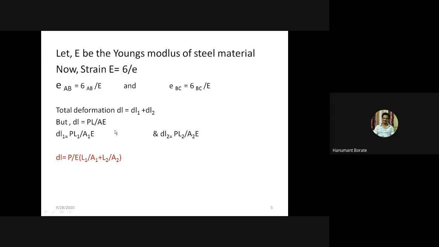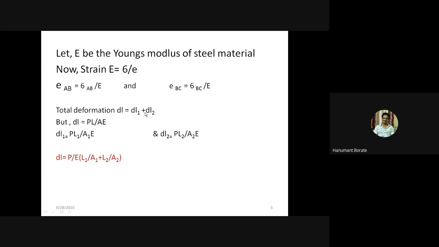So I use this formula to find the deformation of the first member and the second member. In the first member, delta L1 equal to PL1 divided by A1E. Here L1 is used because the length of the first member is different and the area of the first member is different. Similarly, we can calculate delta L2 by using the formula PL by AE. Delta L2 equal to PL2 by A2E.